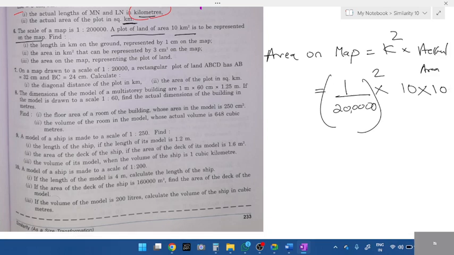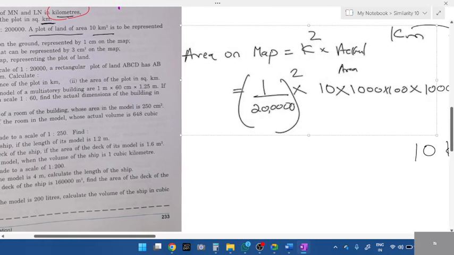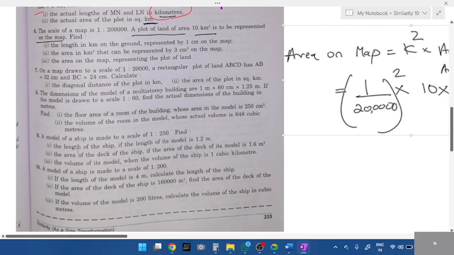Represented on the map, right? What is scale value? 1 by 2 lakh. Then a plot of land of area, how many kilometers? Whenever kilometer is given, is it map or the actual image? Actual image. It's on the land, students. It is to be represented on the map. After you represent, what you need to find?